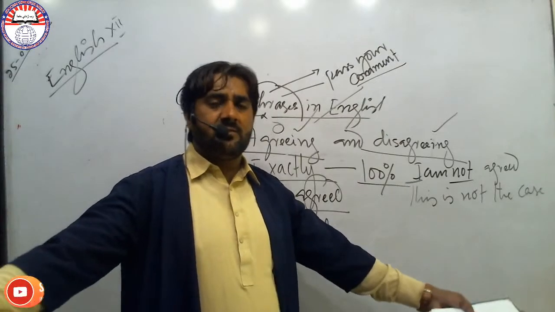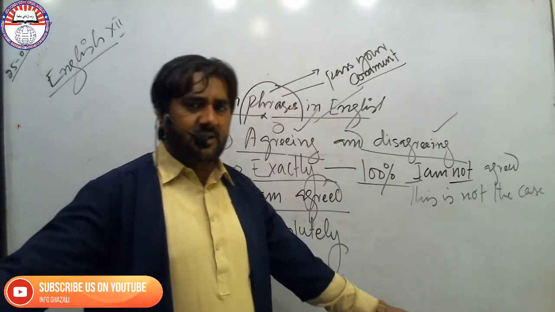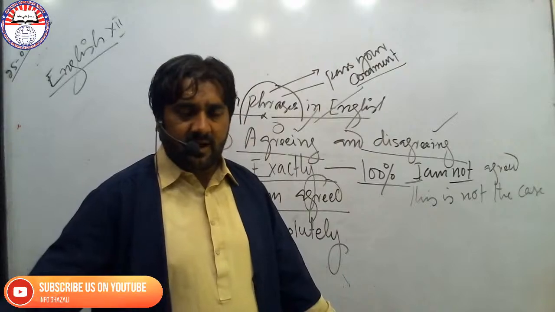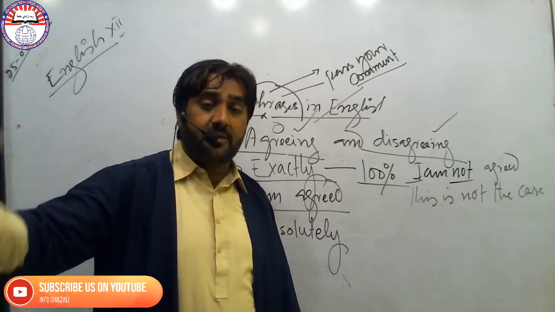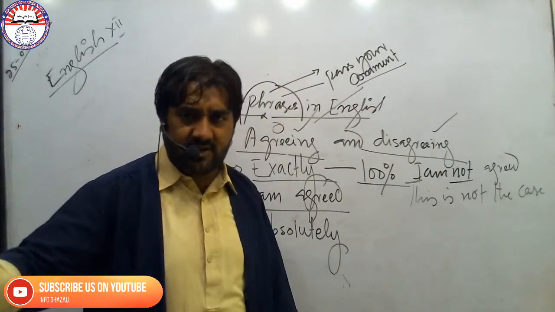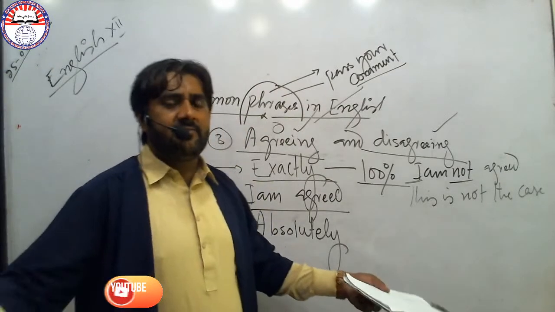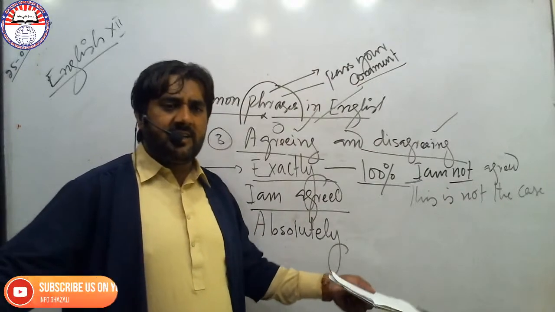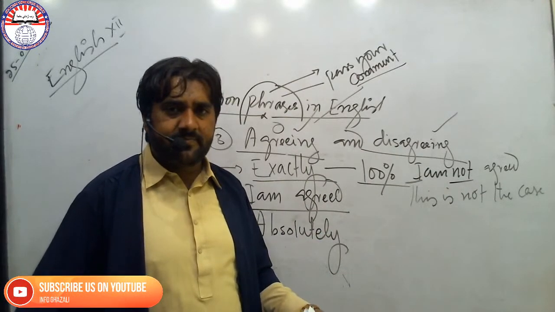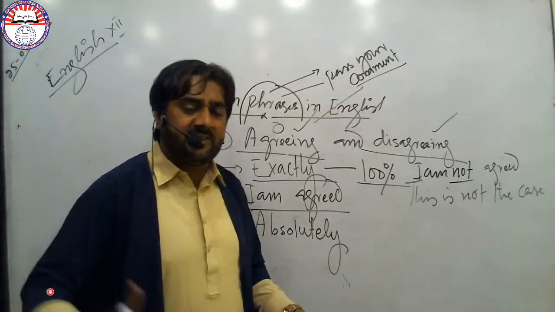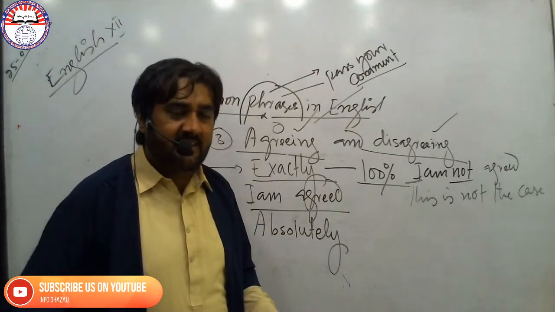We are social animals. We are human beings. Understand? The basic and main purpose of your education is that you can disagree. Okay? There are a number of examples. Even teacher and student sometimes disagree.